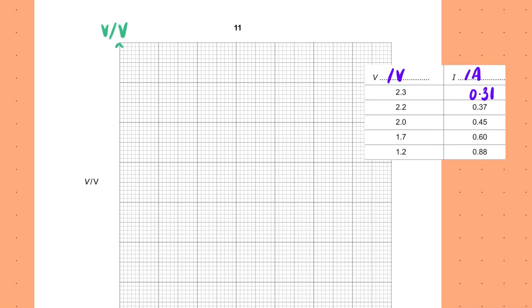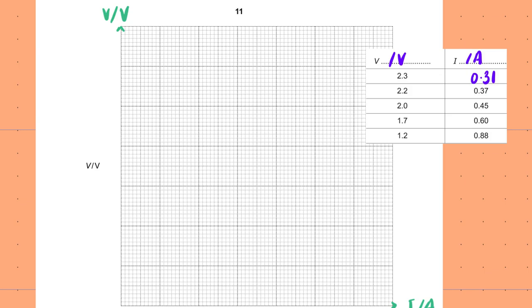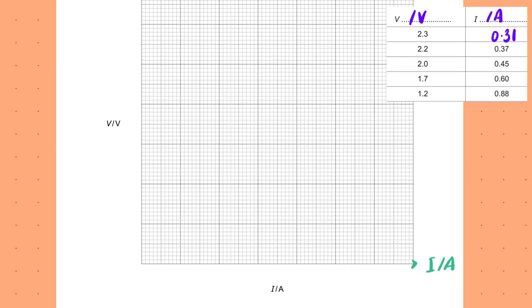Now, first value, again, first we need to figure out the scale. So both of these start from the origin, 0, 0. All right. Also, let's make this very fine.